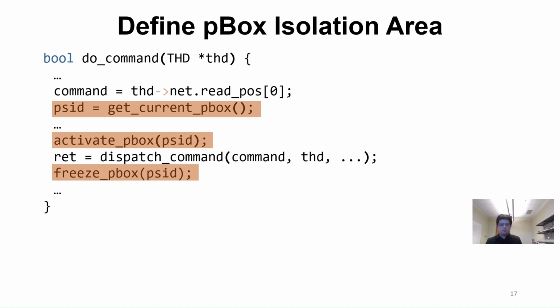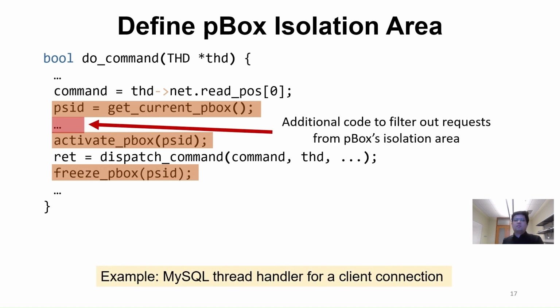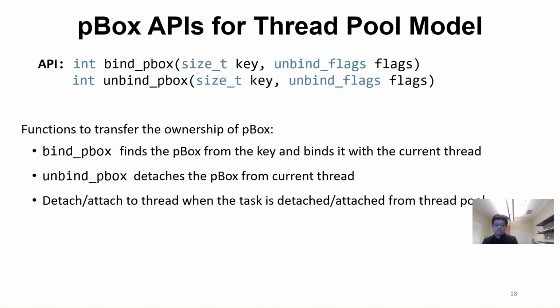Additionally, developers can write custom code to selectively filter out requests on which they do not wish to enforce performance isolations. To support the event-driven mode where many application tasks share a common thread pool, pBox also provides two APIs for dynamically binding and unbinding the pBox to the current thread.